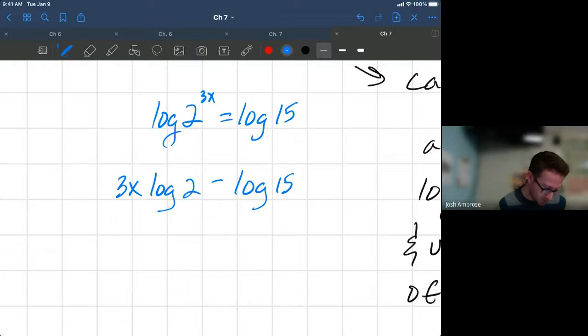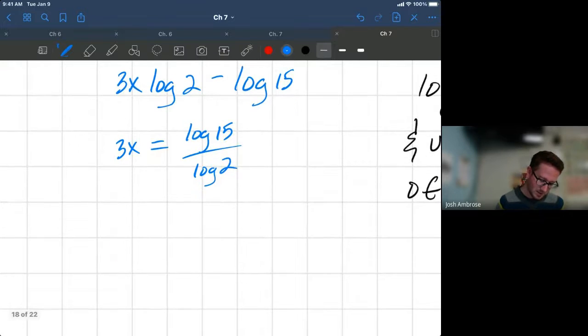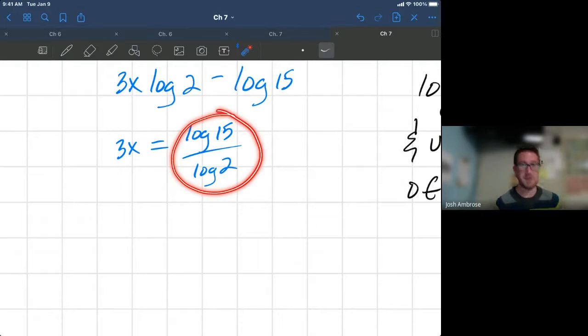Okay, so now we're going to have 3x equals log 15 divided by log 2. All right, and this right here, you have to solve using your calculator.